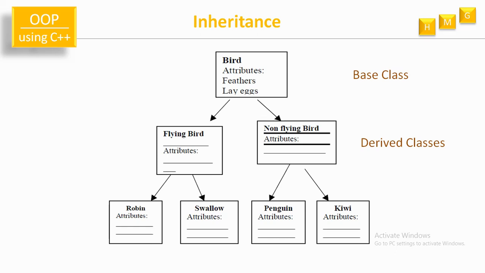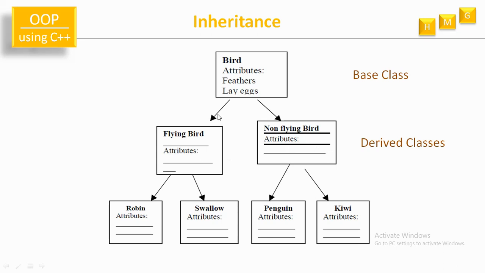Both are birds only. So the features feathers and lay eggs are already derived into flying birds as well as non-flying birds. Like this, the non-flying bird has the features feathers, lay eggs plus cannot fly, that is no wings.